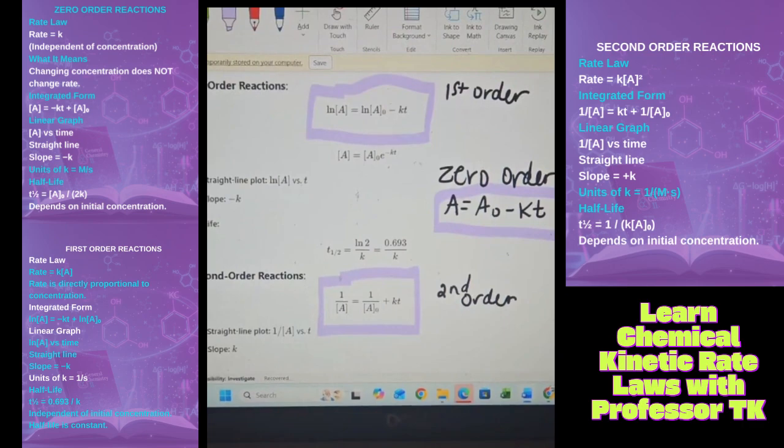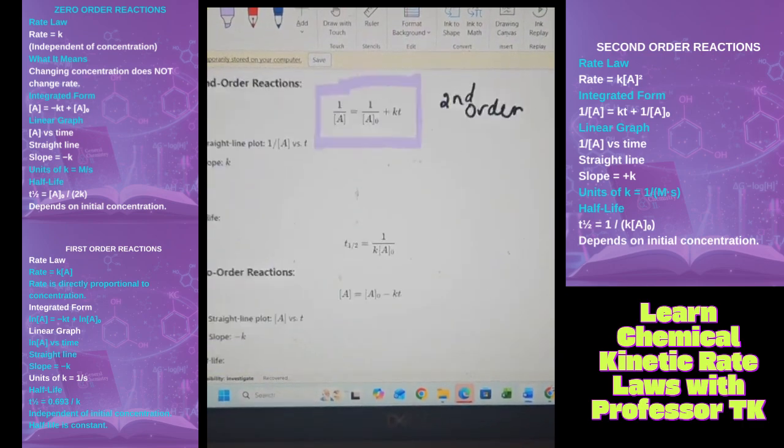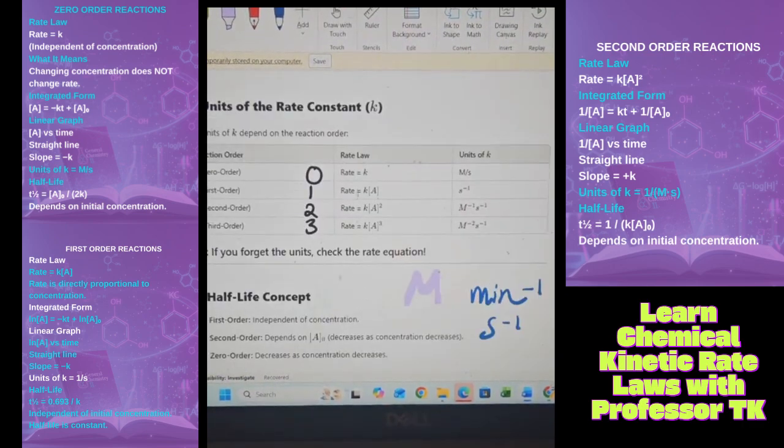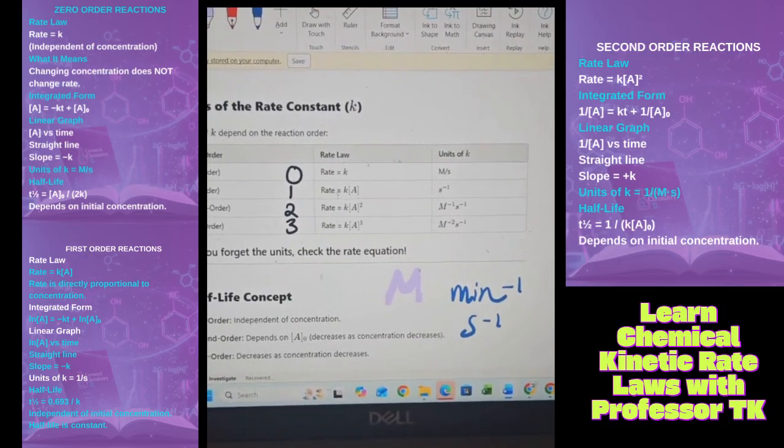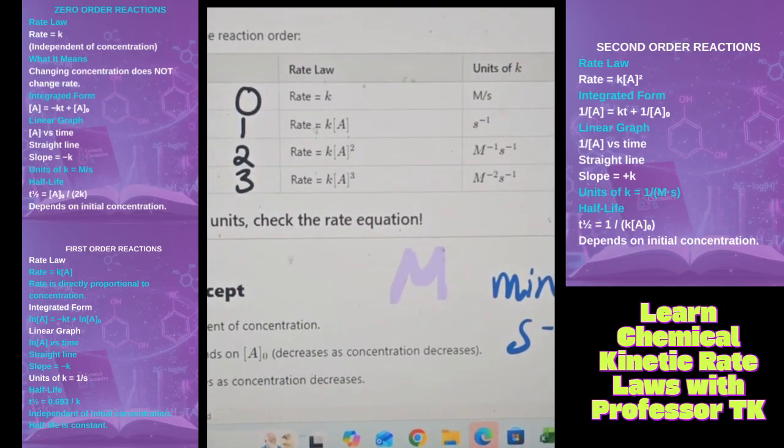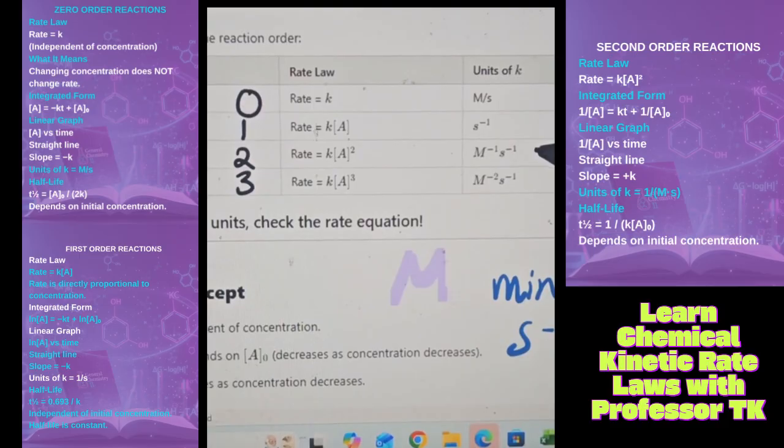Right here, I mentioned this. Let me go up here and pull it down. I'm going to zoom in. See this? Per molarity, per second. That illustrates a second order reaction.